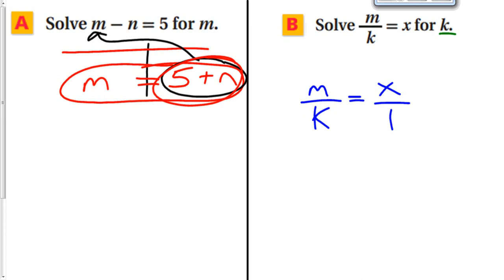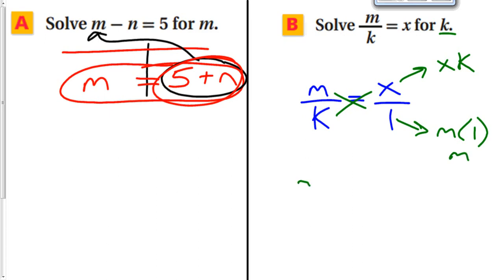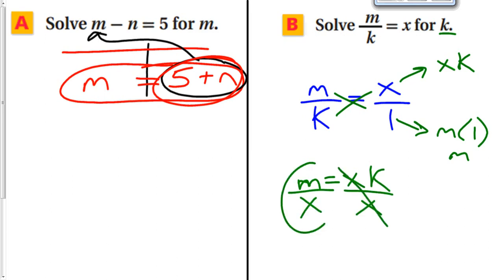So x times k should equal m times 1. Well, m times 1 is just m. So we've got m equals xk, and then again we can divide by x and get the same thing. So you could do it just like that.